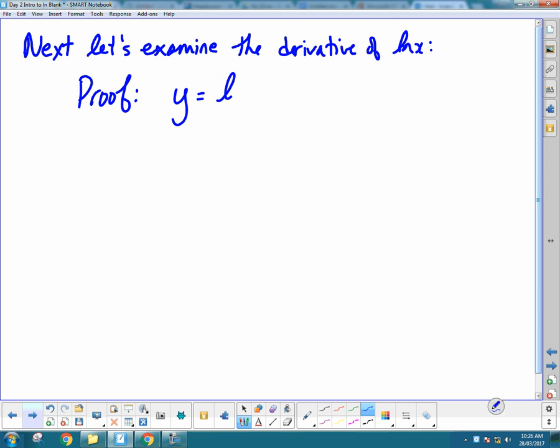The function is y equals ln x. I don't know how to differentiate lns or logarithms for that fact. So I'm going to rewrite it in exponential, because I might know how to differentiate exponential functions. When I rewrite this in exponential, the base is e, because it's ln, so it's log base e.